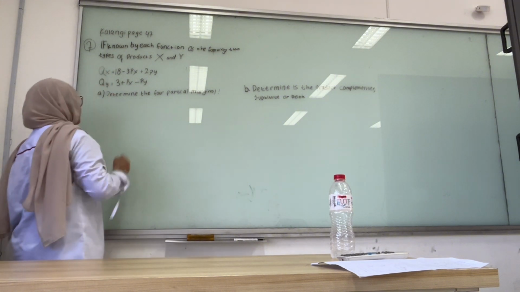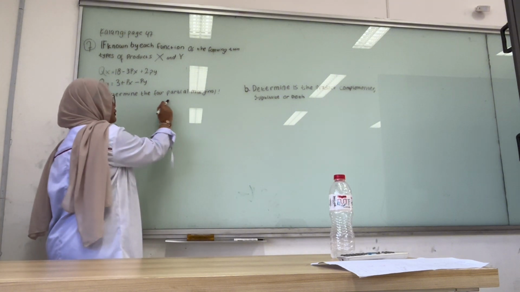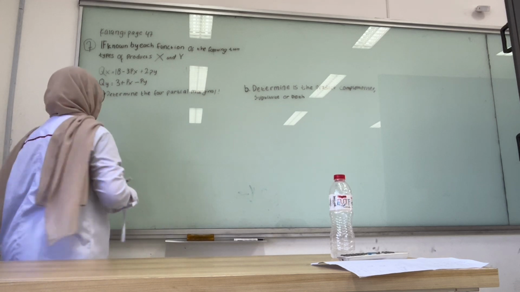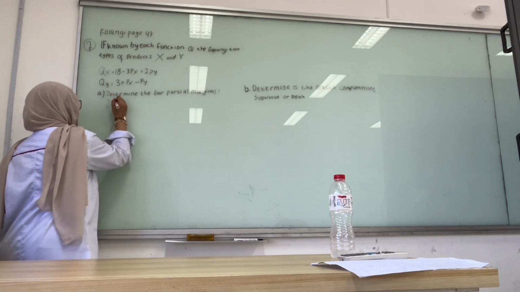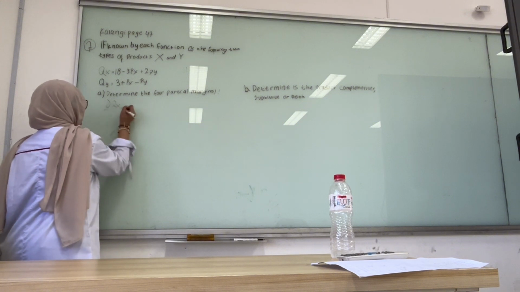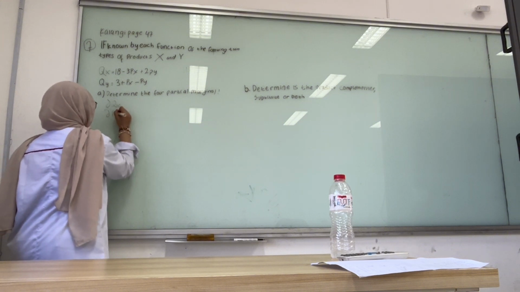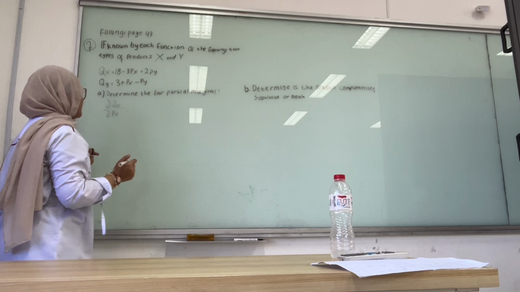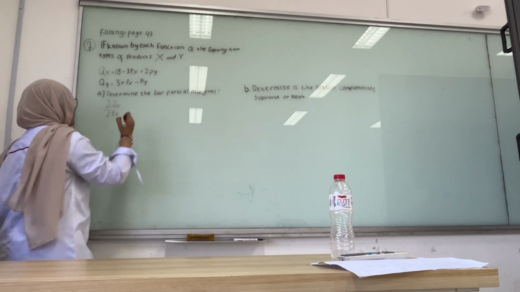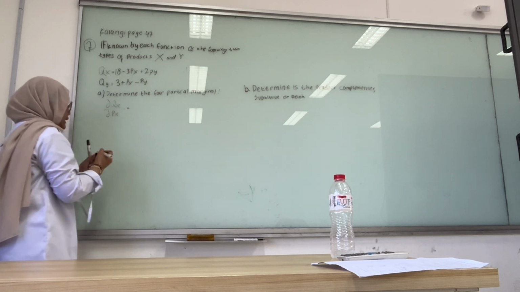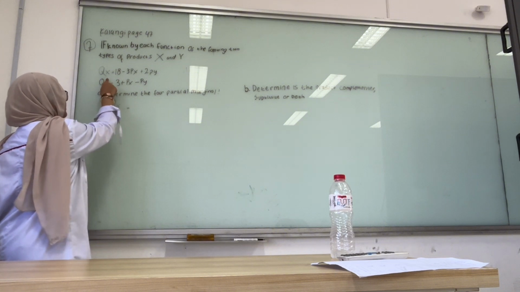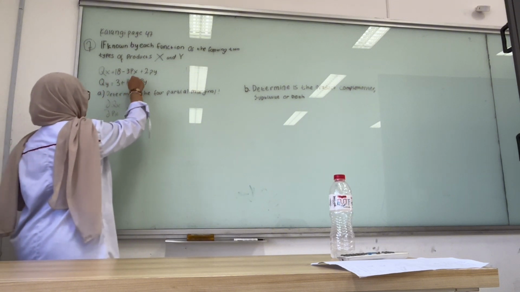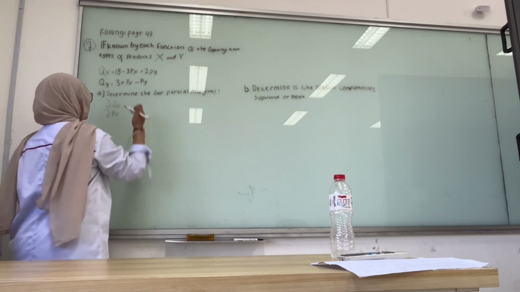So the first one, we need to determine the four partial derivatives. Here I will show you how to do it. The first one, we need to find the first derivative of qx over px. So here we only look at the qx and the derivative of the px.